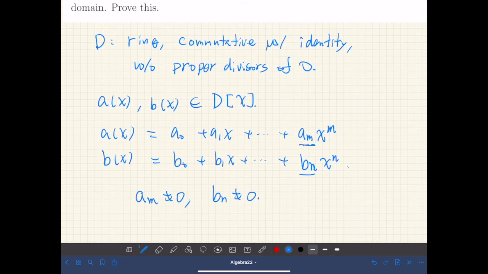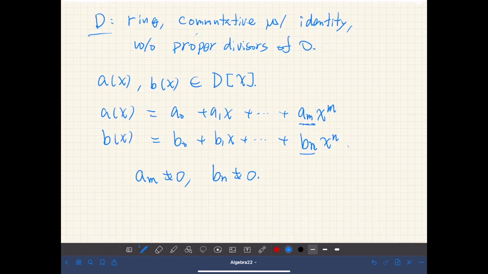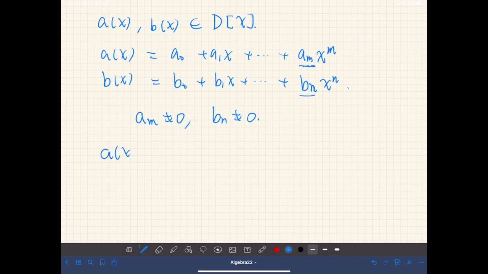Since D is already commutative, we have a(x) times b(x) is equal to b(x) times a(x). So commutativity is fine because D is commutative.